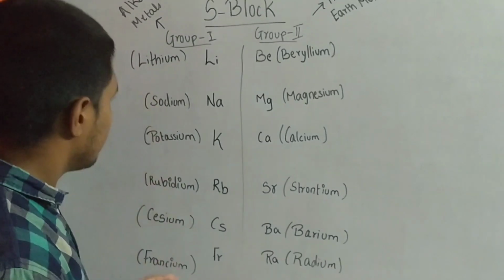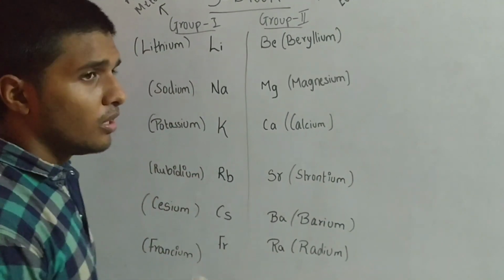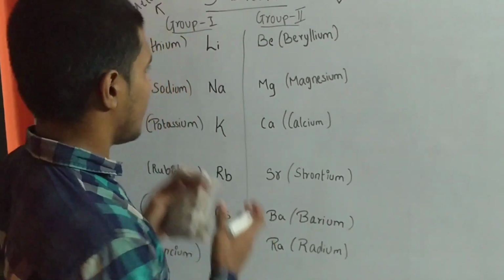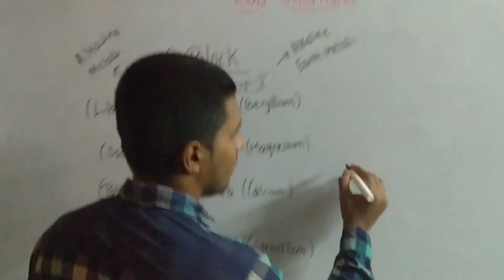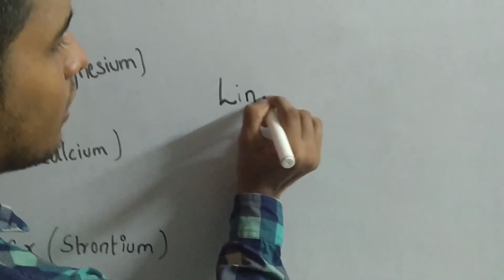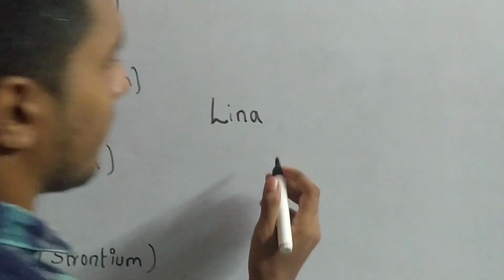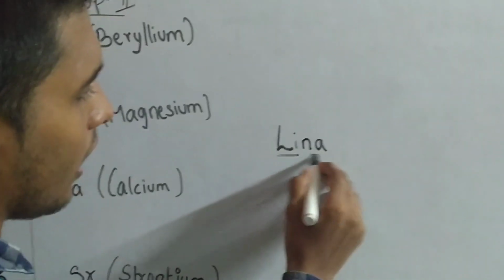Group 1, the elements lithium, sodium, potassium, rubidium, cesium, francium. The line I am using for memorizing is: Lena, who is a girl. Lena contains Li, lithium, and also Na, sodium, both the words.